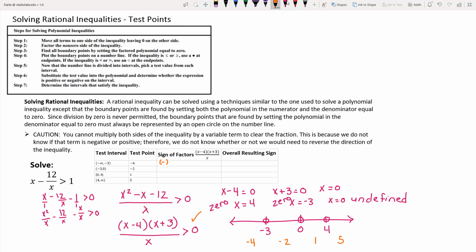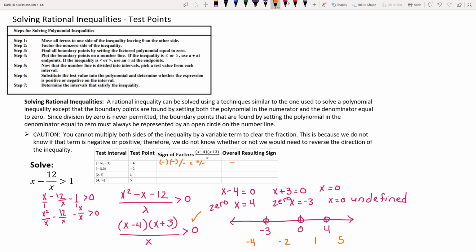And then negative 4 plus 3 would be negative, divided by, if you plug in negative 4 for this x, you'll get a negative. So overall, that ends up being a positive divided by a negative, which is overall negative.